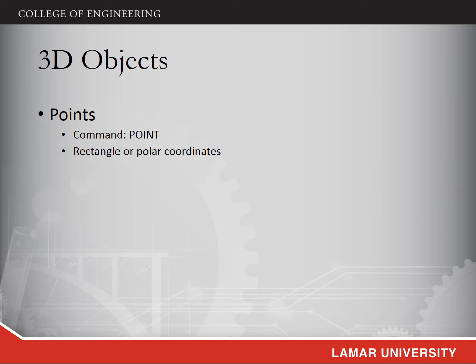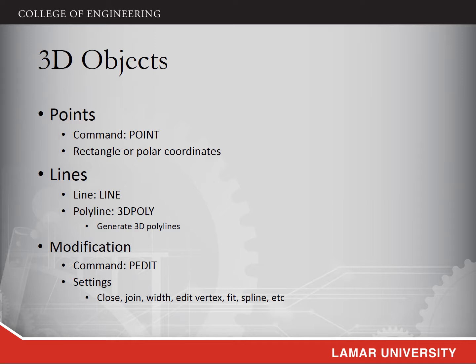The only difference is that under the 3D environment, you have to use the 3D rectangle or polar coordinates to identify the location of the points. For the lines in three-dimensional space, we can still use the line command to define a single line. But if we want to generate a polyline under three-dimensional space, you have to call the command 3D poly.